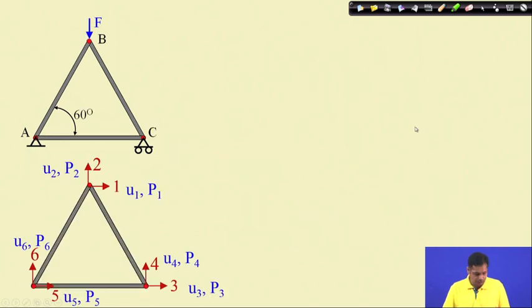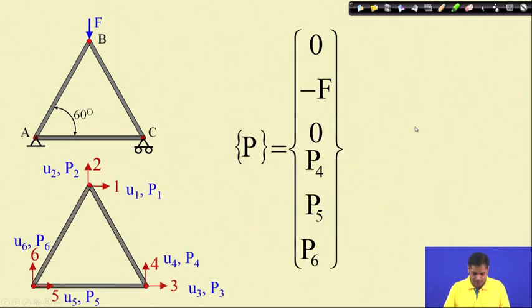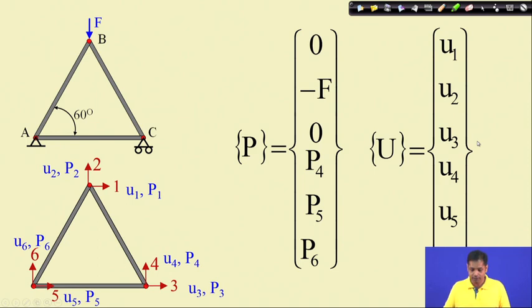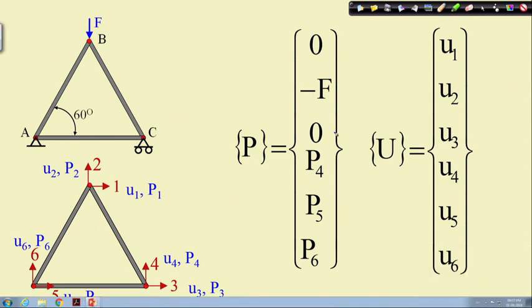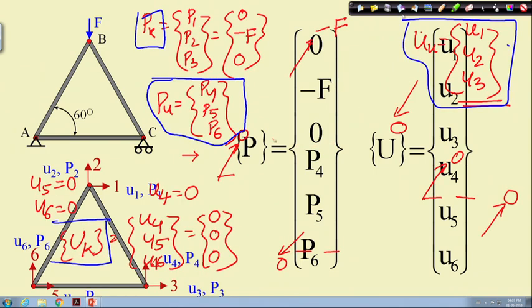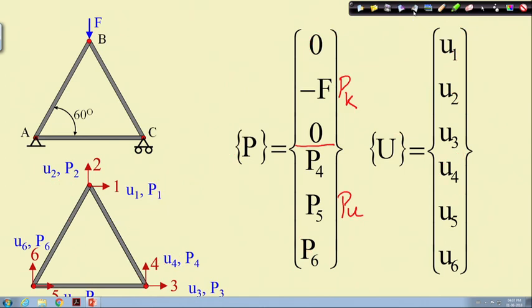Now, go back to our stiffness relation. So, this is total P and total U, and in the total P we have just two parts. This part is P unknown and this part is P known. And then this part is U unknown and this part is U known.